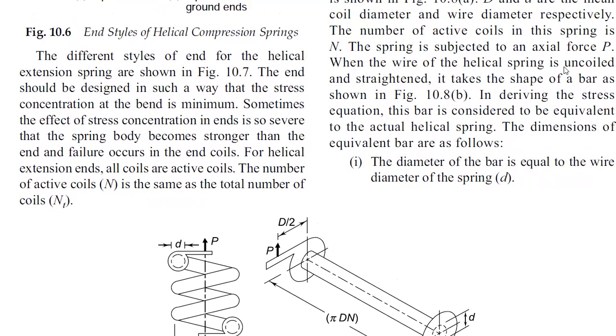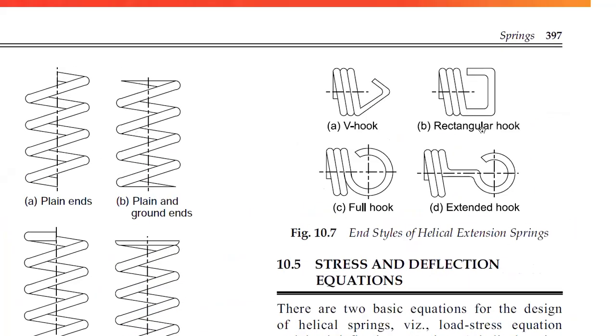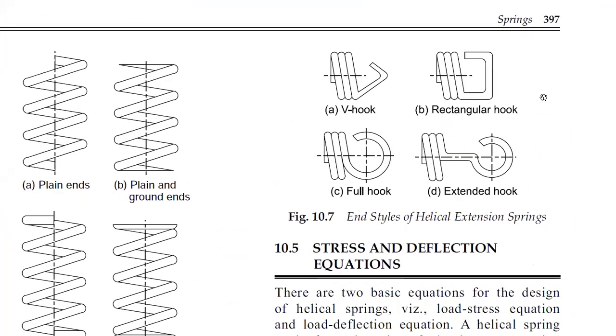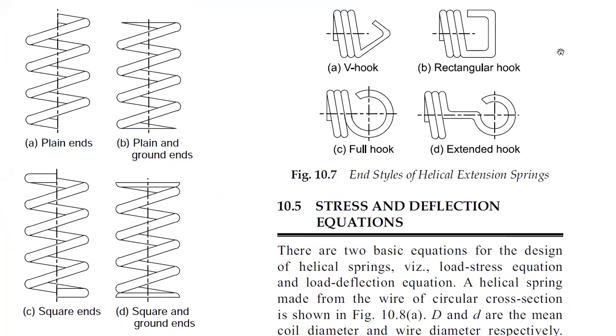So for the helical extension spring, all the coils are active coils, and the number of active coils is equal to the total number of coils, as we have seen in the table. Here you will see this is the figure by which you will be able to understand the end styles of a helical extension spring.